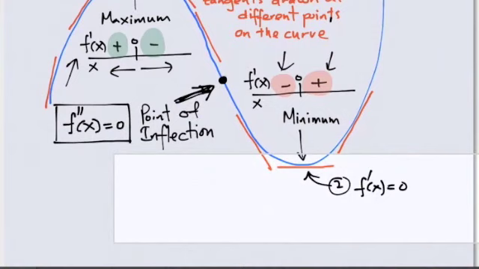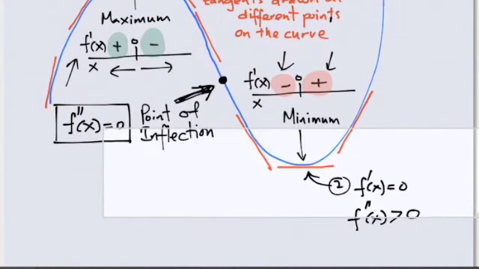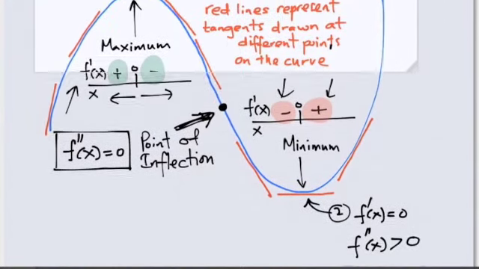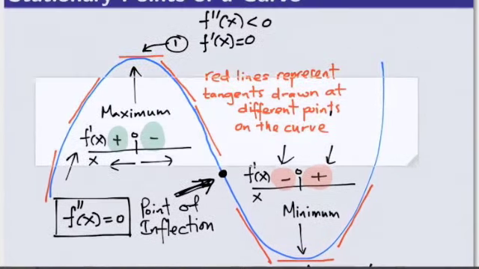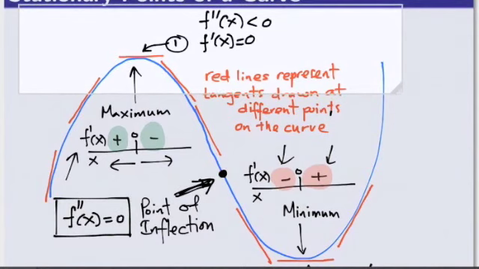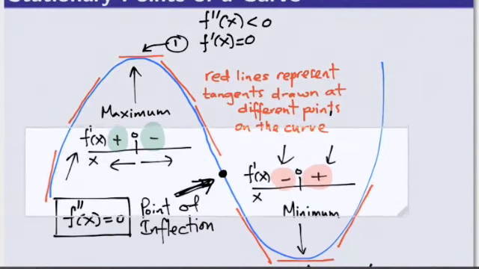If we evaluate the second derivative at a stationary point and it is positive, then that point is a minimum. So we could check if a point is a maximum or minimum by using a first derivative test or by using a second derivative test.